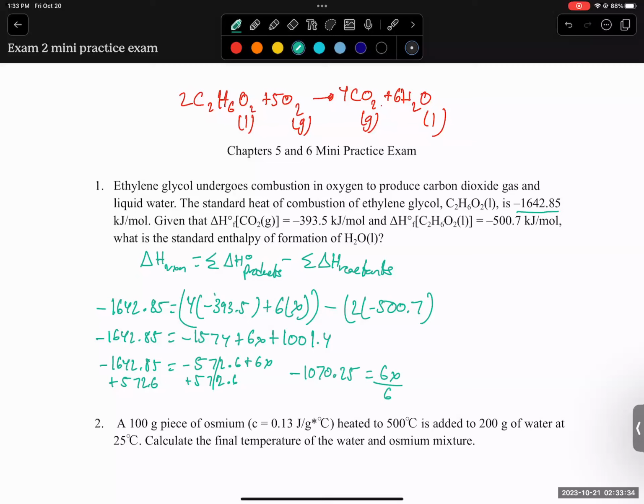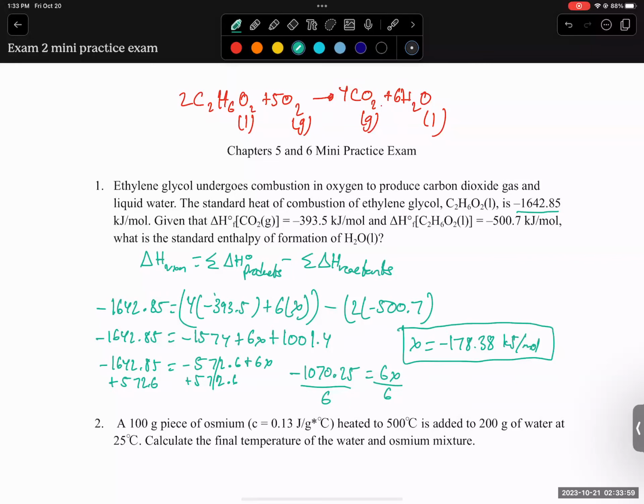Divide both sides by 6. We should get that the standard enthalpy of water is negative 1,070.25 divided by 6. Should get an answer of, if we're rounding here to 2 decimal places, negative 178.38 kilojoules.